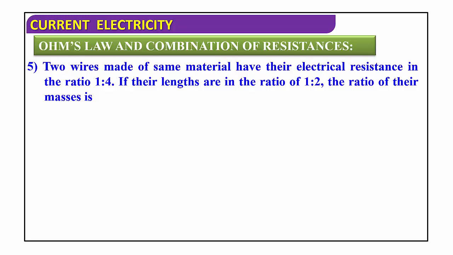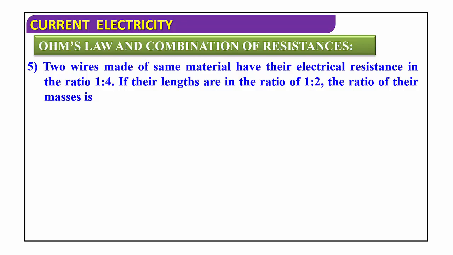Fifth question is, two wires made of the same material have their electrical resistance in the ratio 1:4. If their lengths are in the ratio of 1:2, the ratio of their masses is. So they have given two wires, both made of the same material, having electrical resistances in the ratio: the first wire is 1 ohm, the second wire is 4 ohm, and their lengths are in the ratio 1:2.